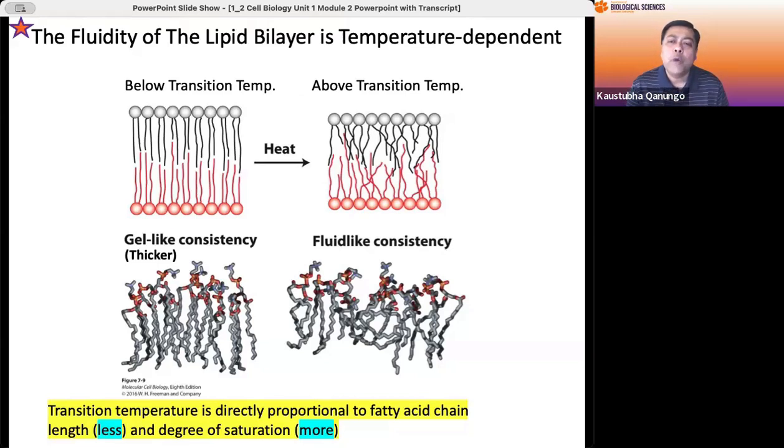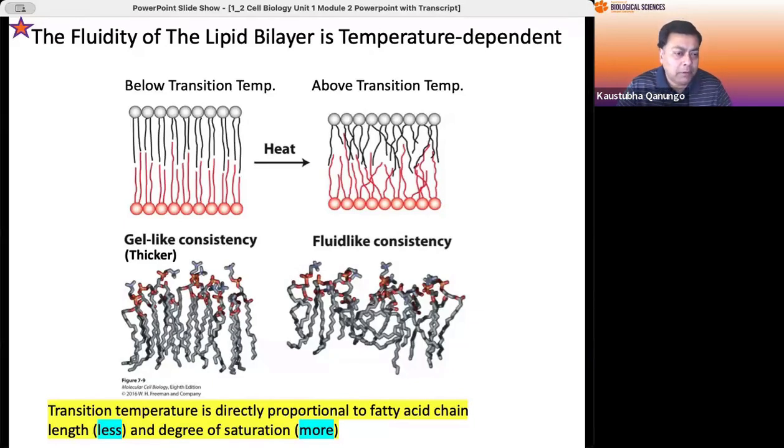Now, remember that for calculating purposes, we have to consider an artificial membrane made up of only a single type of phospholipid, because each phospholipid has a different transition temperature.